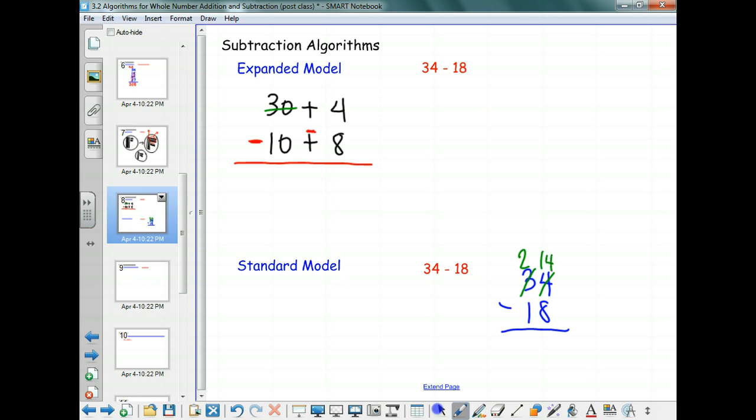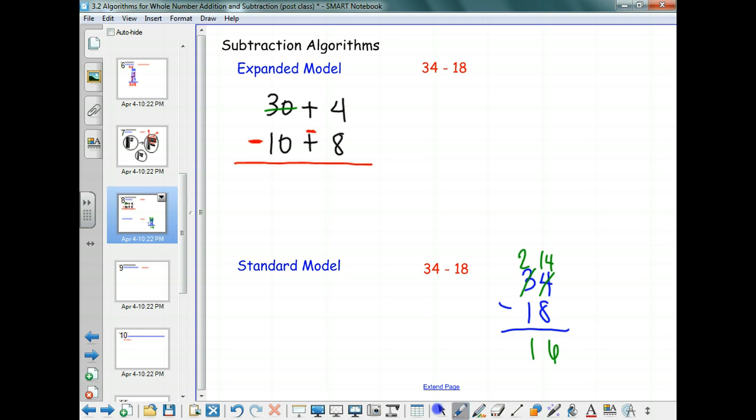And you may or may not write the whole 14. You may write the number 1 beside the 4 and small or something like that. But 14 minus 8 is 6, and 2 minus 1 is 1. All right, so what did we do when we took the 3 and turned it into a 2? We took actually 10 away, didn't we?